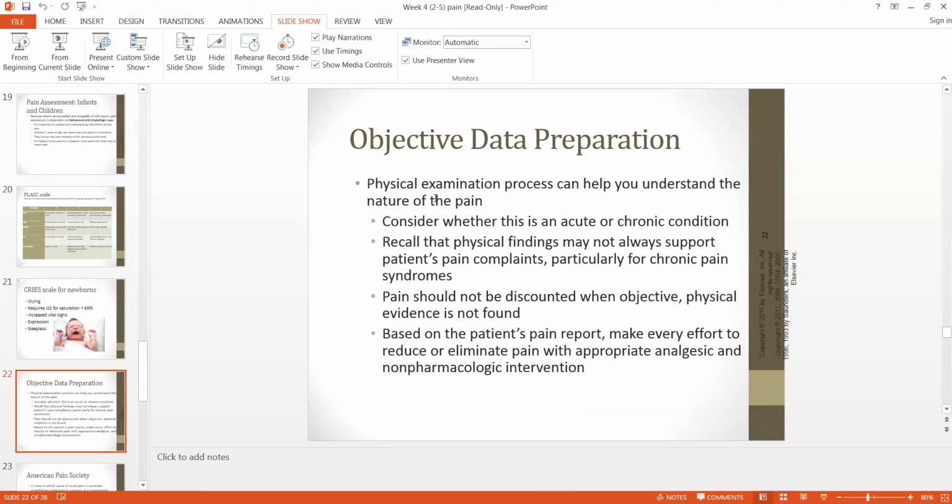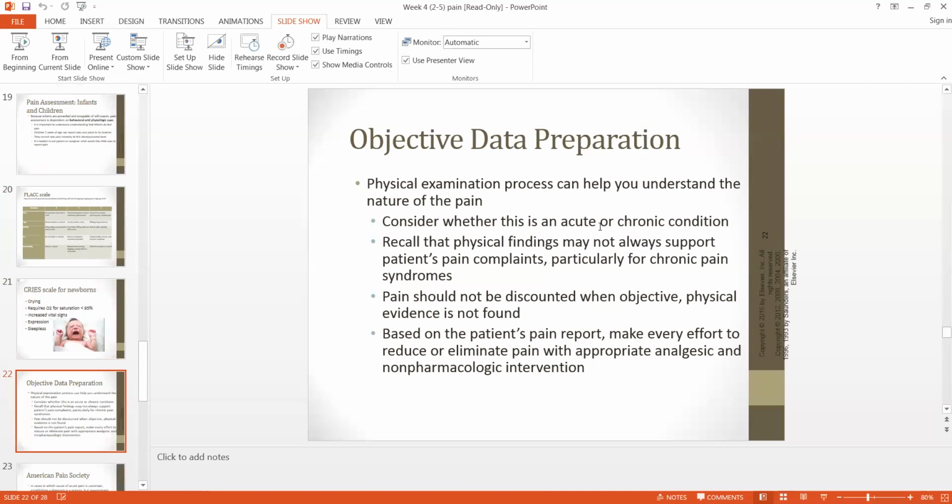So objective data preparation, we can do a physical examination to help consider or understand the nature of this pain and see if maybe something is causing this pain. Again, the knife in the back, the glass in the arm, the foot that's dislocated because they were in a car accident, the burn that they're experiencing, the lump in their abdomen that they said just appeared and is really painful.